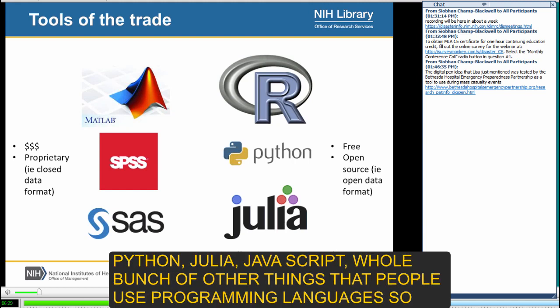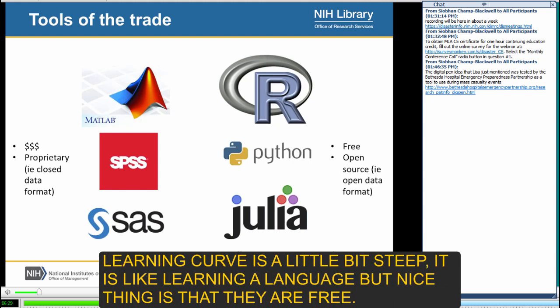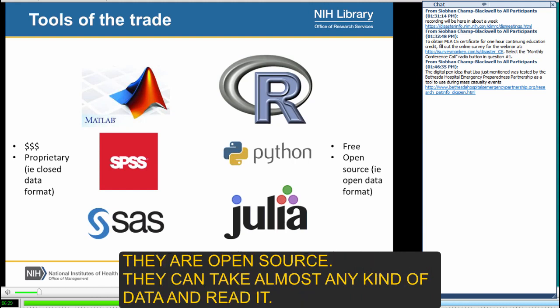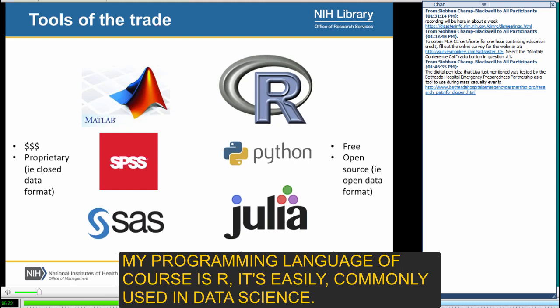So things like R, Python, Julia, JavaScript, a whole bunch of other things that people use are programming languages. So the learning curve is a little bit steep. It is like learning a language, but the nice thing is that they're free, they're open source, they can take almost any kind of data and read it. When you go on to your next lab, you just download it for free, no big deal.